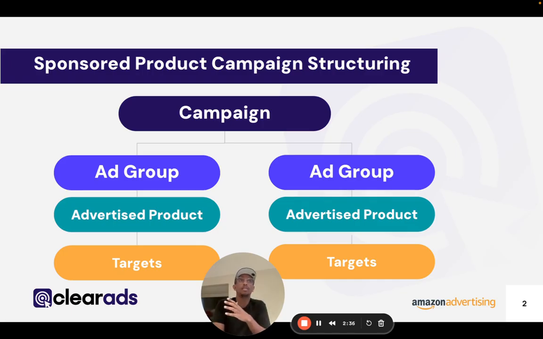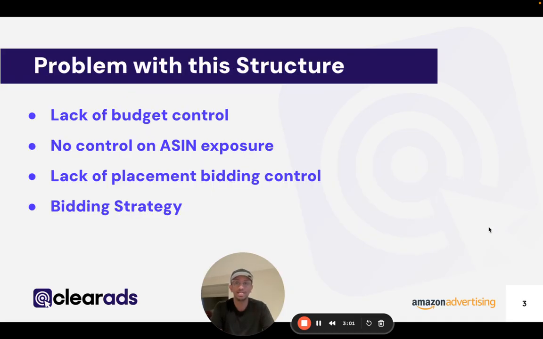If you have a bunch of child ASINs, just different sizes or different colors, it's not the end of the world if you put them within one ad group, but ultimately you're going to have a hero child ASIN, and if that's going to bring in the best conversions and it's going to be the window into that product, then that's the ASIN you're going to want to push the hardest. So you do really want to be structuring these campaigns per ASIN.